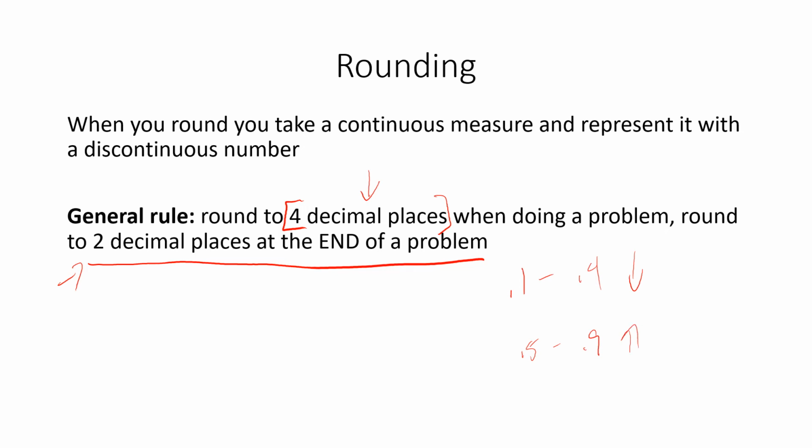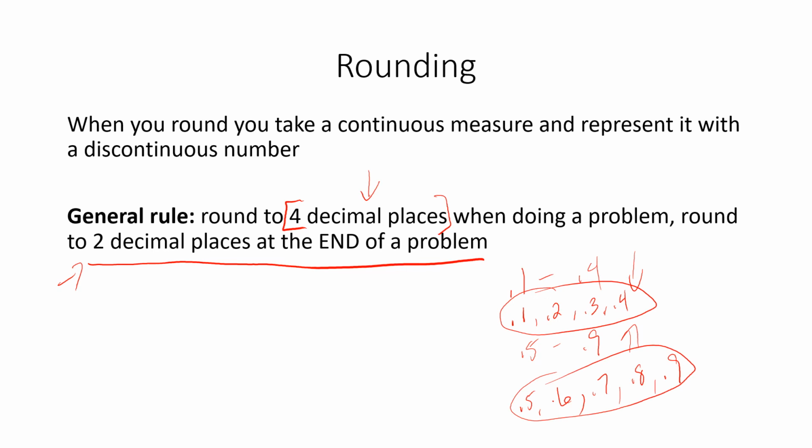However, when we look at it, we've got 0.1, 0.2, 0.3, and 0.4 there. And down here we've got 0.5, 0.6, 0.7, 0.8, and 0.9. If you see here, in 4 cases, we round down. In 5 cases, we round up.